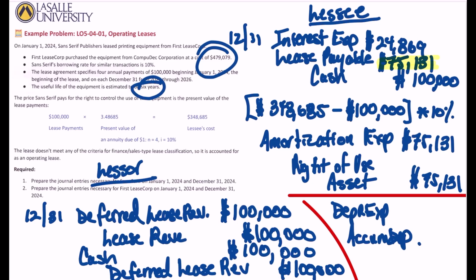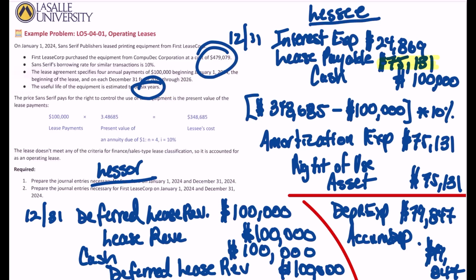So this will work out to $79,847. So I had to scrunch it in there. I apologize. So the depreciation expense is based on the value of this asset to First Lease Corp, which is the 479,079, divided by the useful life of that asset, 6 years.